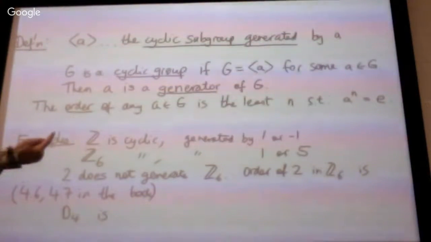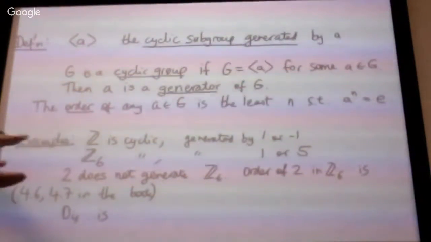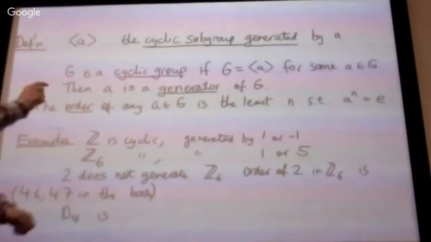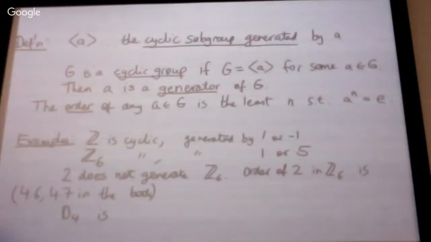And if you take two reflections, 1 vertical and 1 horizontal, then you also get all the rotations. But there's no single element that will generate the whole group, so this is not cyclic. Okay. Good. Any questions so far?